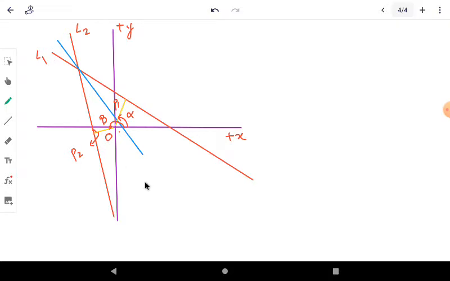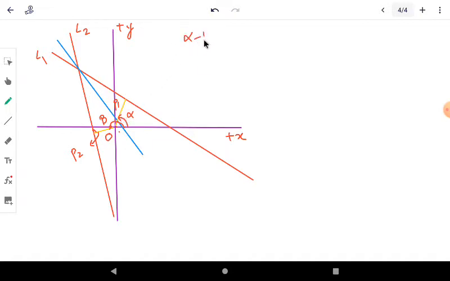So as you can see here, beta is the angle made by the perpendicular drawn from origin on L2, and this is L1. Alpha is the inclination of the perpendicular. So inclination, if I am using the word, it is the inclination of the perpendicular, it is not the inclination of the line L1. Okay, so guys, as you can see here, the difference between the angle alpha and beta, is it acute or obtuse?